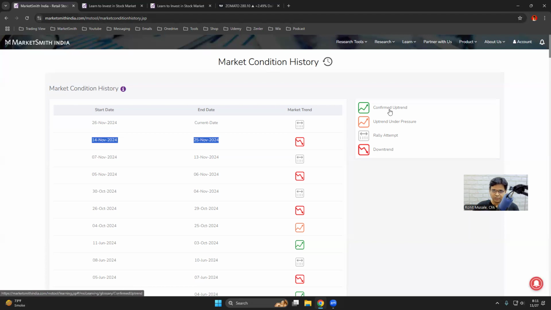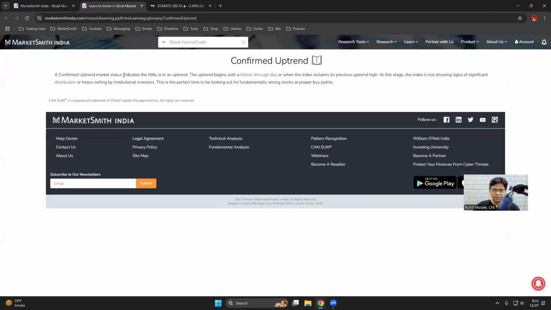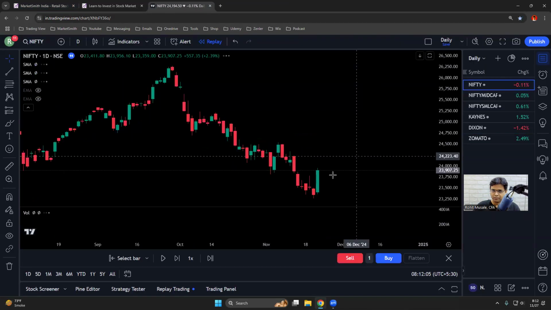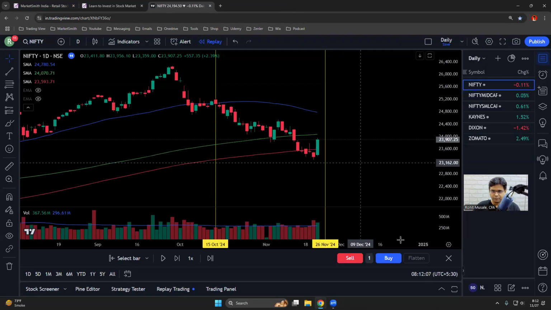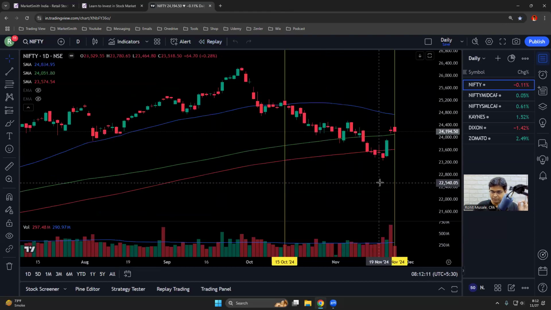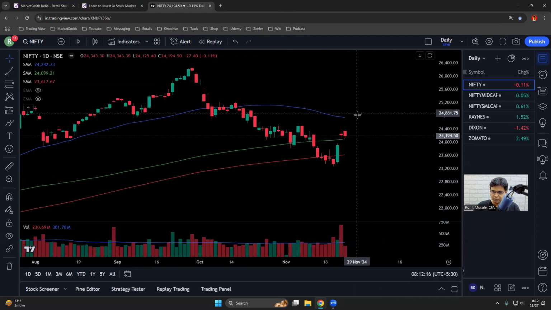So what's a confirmed uptrend? A confirmed uptrend status indicates the Nifty is in an uptrend. Uptrend begins with a follow through day or when the index reclaims its previous uptrend high. For the market to go into a confirmed uptrend, there should be a follow through day.